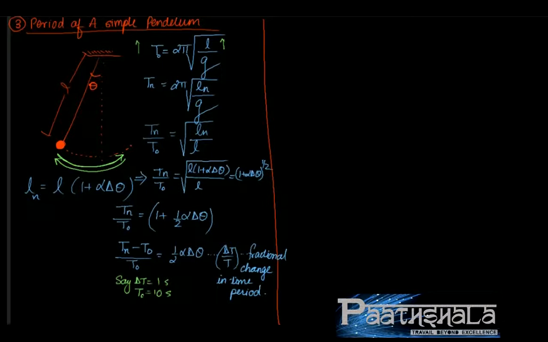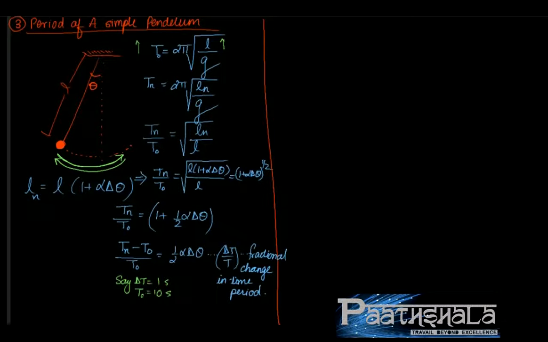So it will carry out 100 oscillations in 1100 seconds. So error in measurement is 100 seconds.